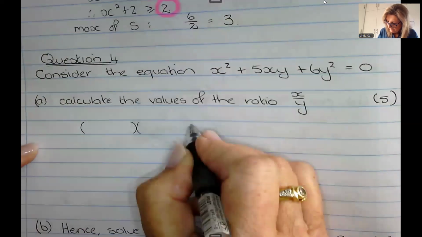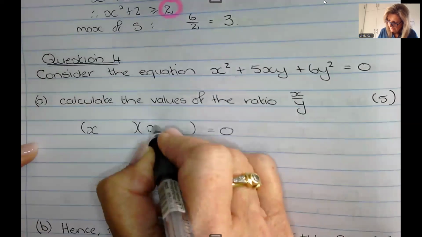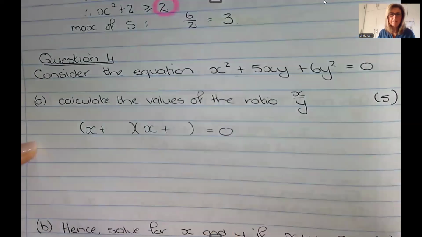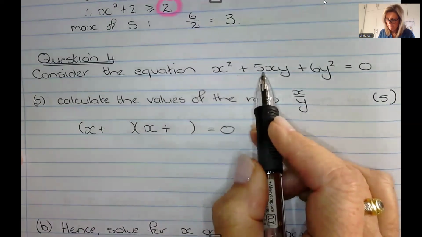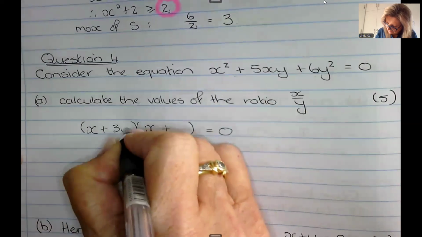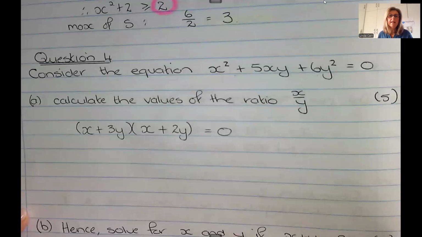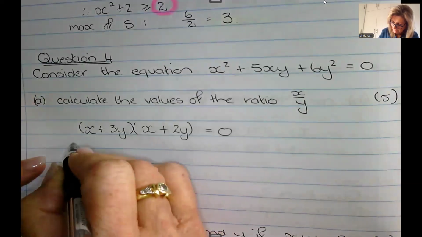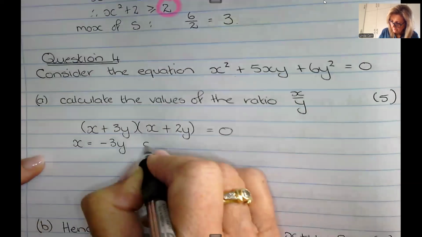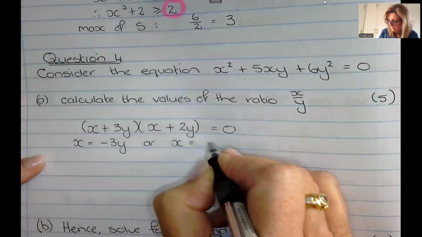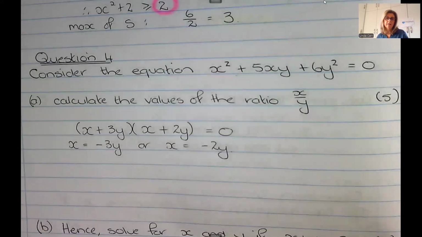So if I factorize this, it's got to be x and x, it's got to be plus and plus. So factors of 6 which add to make 5. And there we have our factorized expression. So x is equal to minus 3y, or x is equal to minus 2y. But they didn't say solve for x.